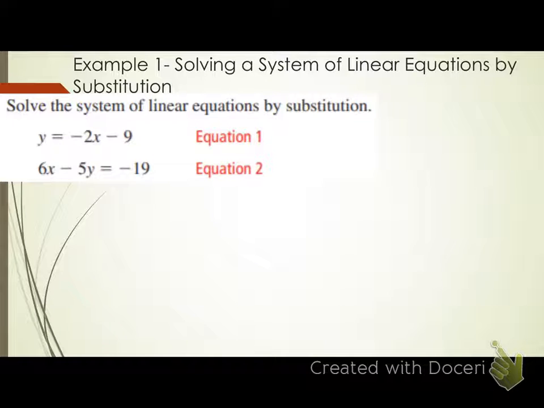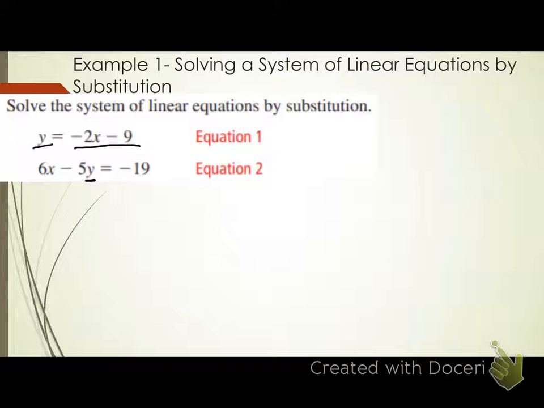So, from this equation, I know that y equals negative 2x minus 9, correct? That variable and that expression are interchangeable because they equal each other, right? So this is called substitution because what I can do is I can take this expression that y equals and plug it in for my y variable into my other equation.